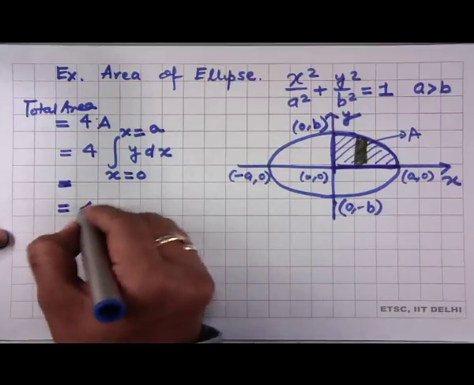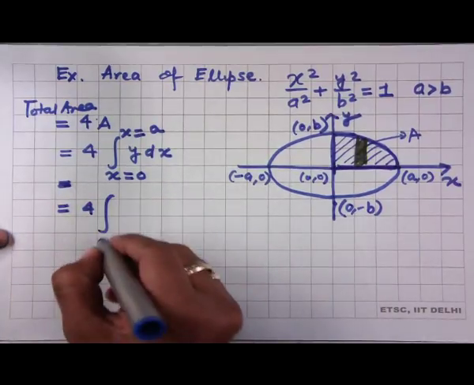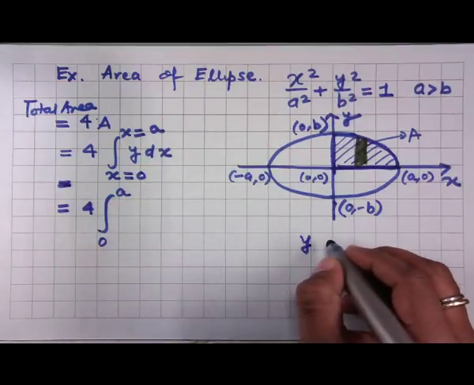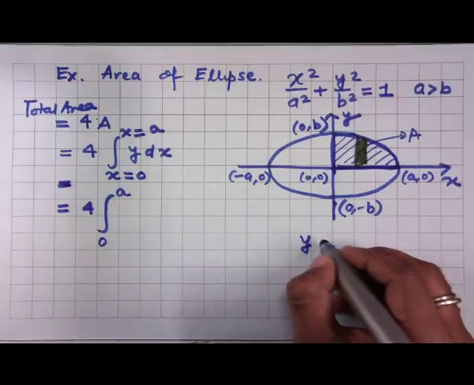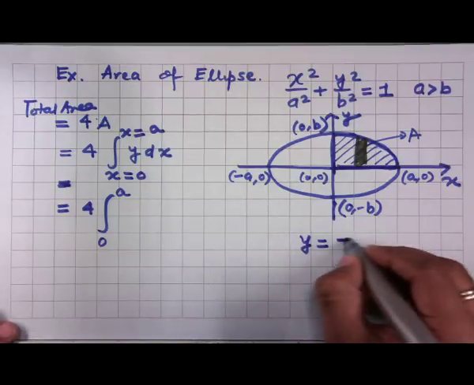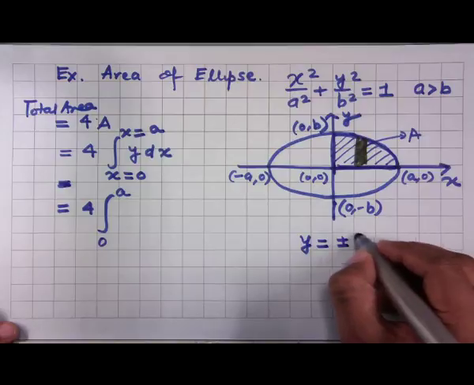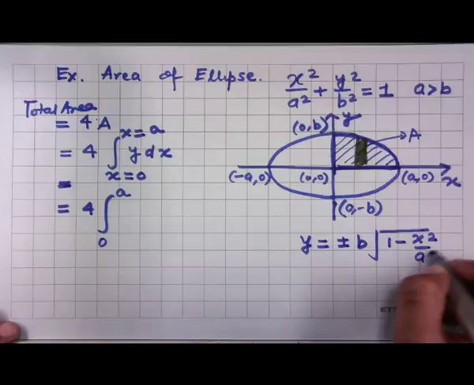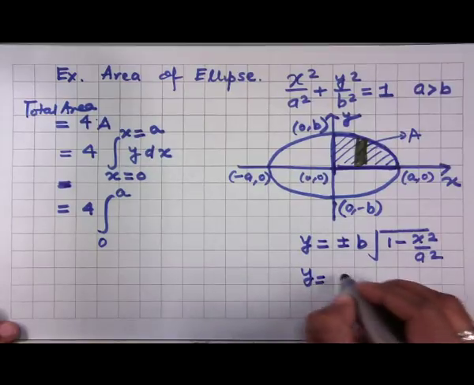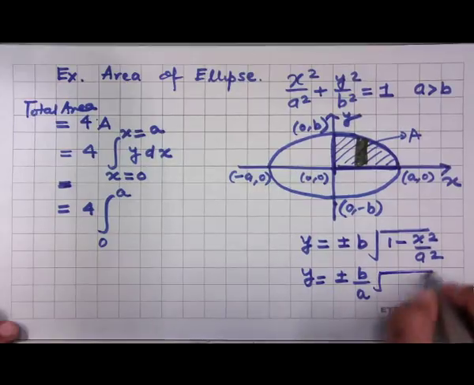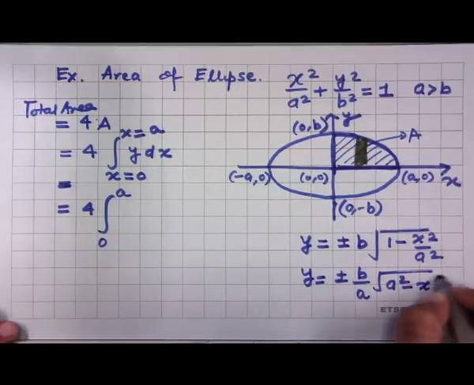So we get 0 to a. Y value you get from the equation of the ellipse, and to get that you need to solve it. So you get y equals plus minus b under root 1 minus x square by a square. So y is plus minus b by a under root a square minus x square.